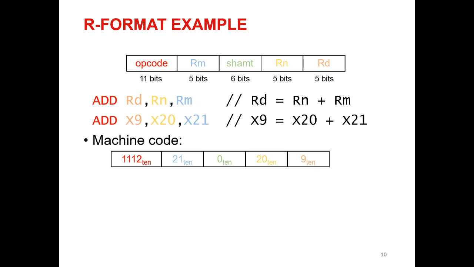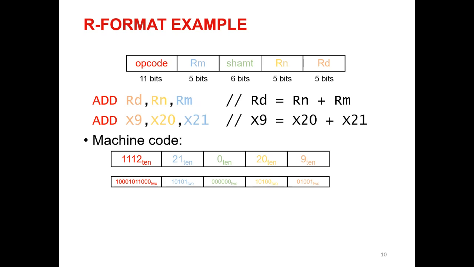So now, notice that all this is in decimal. This is just for the sake of clearness, but actually what the computer understands is zeros and ones. If we convert 9 to binary, we have this number. If we convert 20 to binary, we have this number.